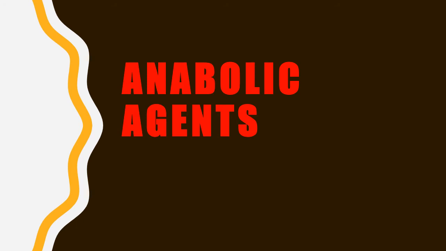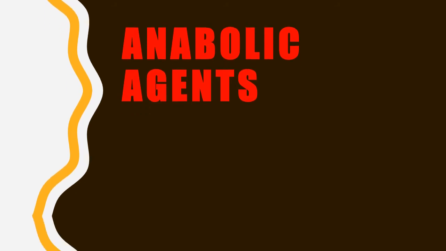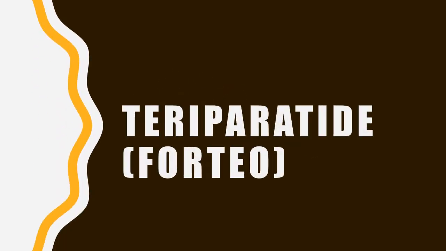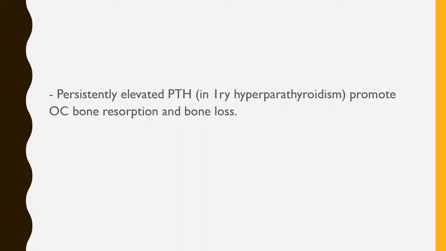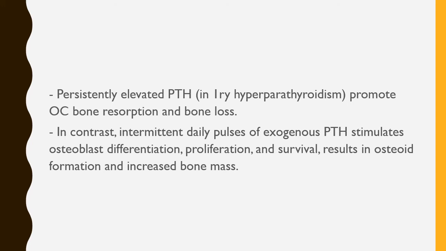We now go through anabolic agents, which is only PTH or teriparatide or Forteo, parathyroid hormone. Persistently elevated PTH in primary hyperparathyroidism promotes osteoclast bone resorption and bone loss. In contrast, intermittent daily pulses of exogenous PTH stimulate osteoblast differentiation, proliferation, and survival, resulting in osteoid formation and increased bone mass.